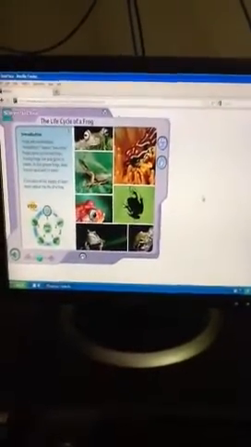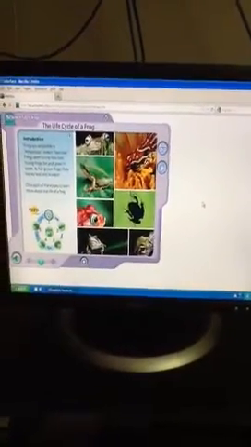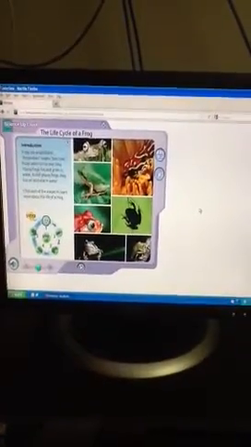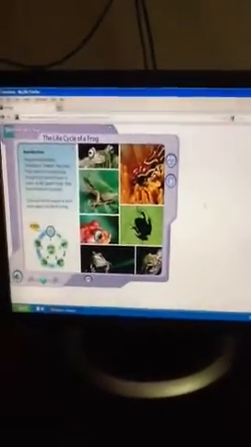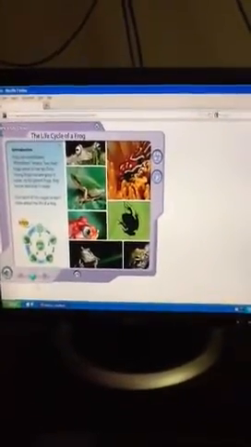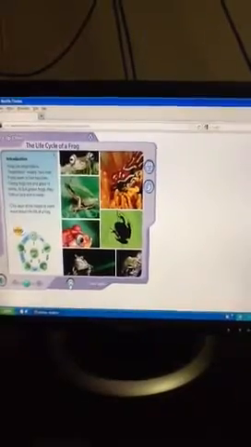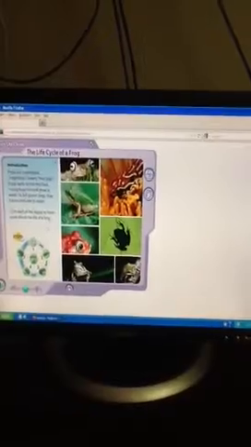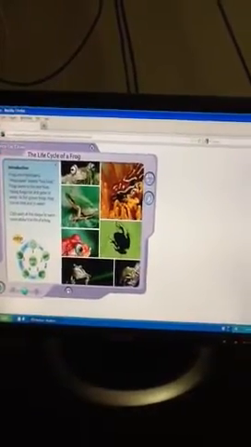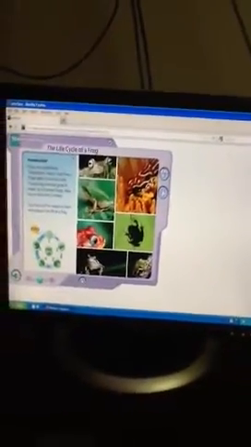I have this website that is specifically over the life cycle of the frog. It goes into explicit detail with illustrations and is very informative, going over the steps, the intro. It's pretty in depth and detail.